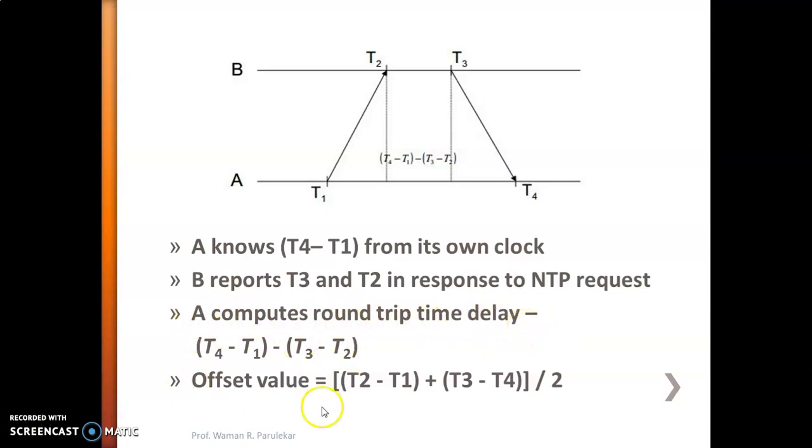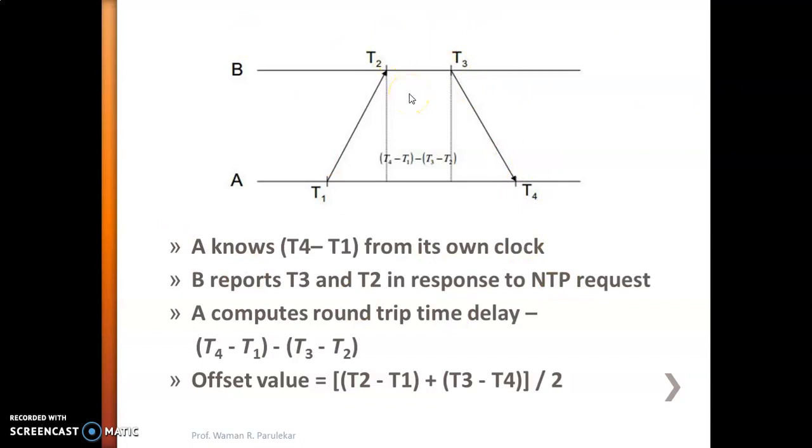And what is the offset value? The offset value is the value by which the client adjusts its own clock. So how to calculate it? Always remember you need to calculate in this way: (T2 minus T1) plus (T3 minus T4), divided by 2.